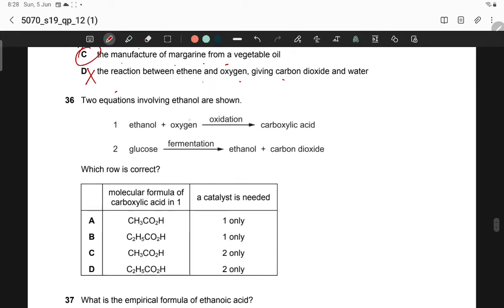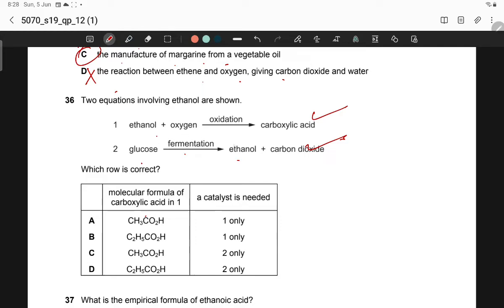36. The two equations involving ethanol are shown. Oxidation to form carboxylic acid, and glucose fermented to ethanol and carbon dioxide. Which row is correct? Molecular formula of carboxylic acid in 1.